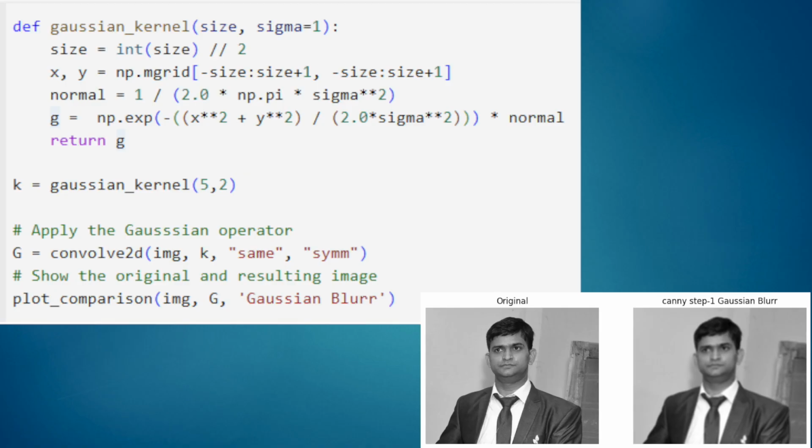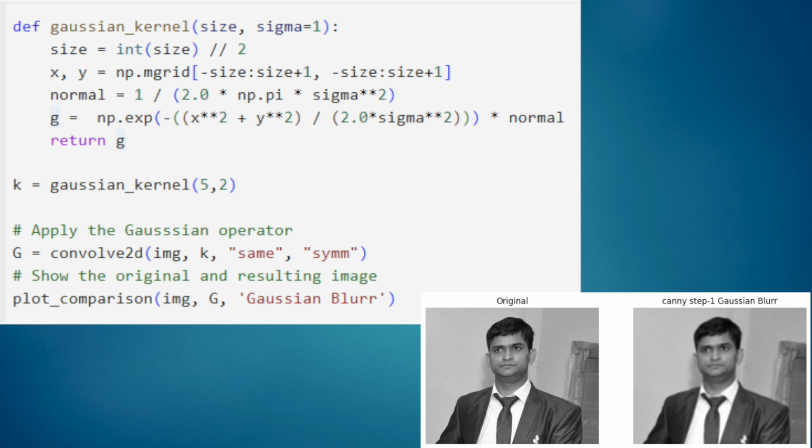Here you can see I have defined the Gaussian function. I could have used the standard function of the OpenCV library, but I have written the detailed function here so that you can understand it well.